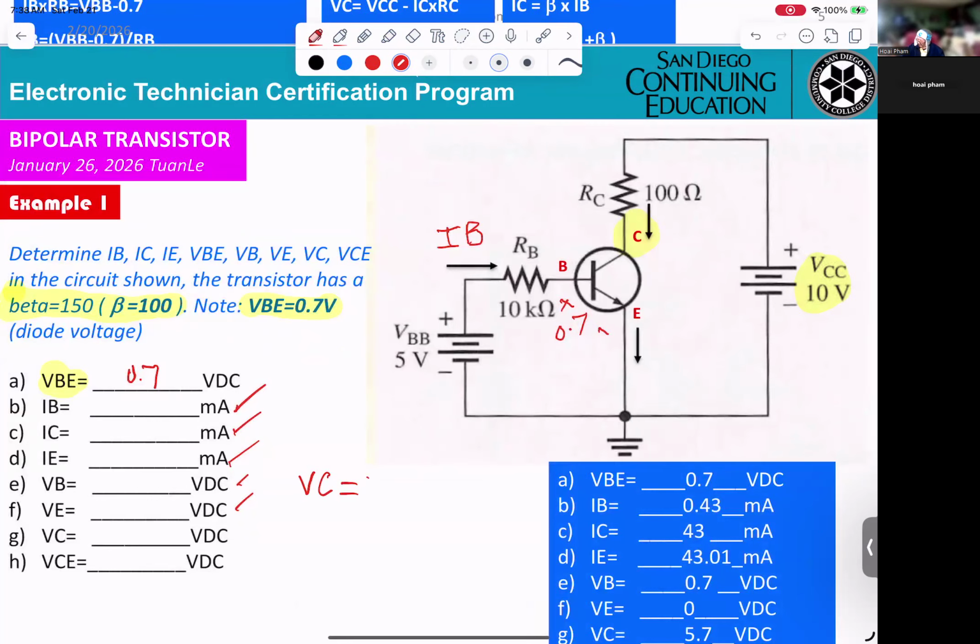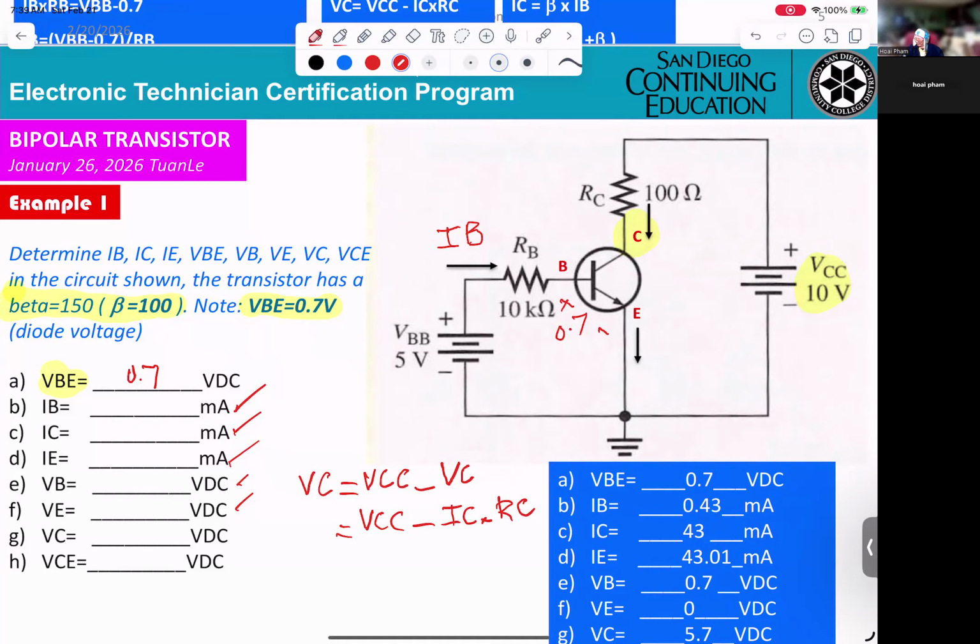VC equal VCC minus voltage drop across RC, or VCC minus IC times RC.